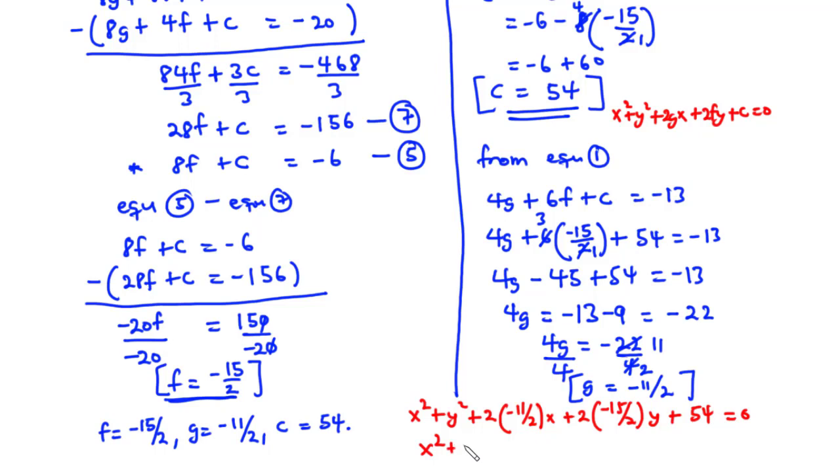So when we simplify, we have x squared plus y squared minus 11x minus 15y plus 54 equals 0. So this is the equation of the circle that passes through the points 2, 3, 4, 2, and then 1, 11.